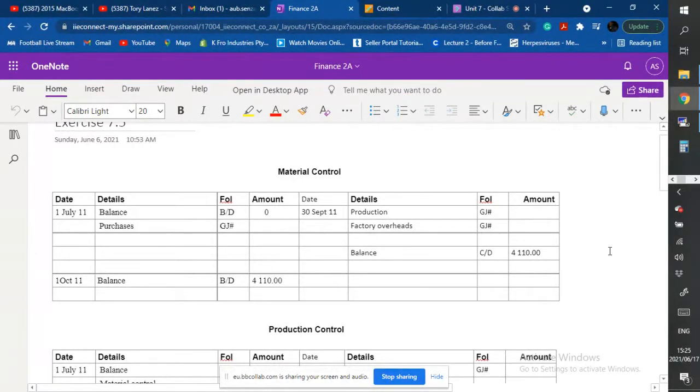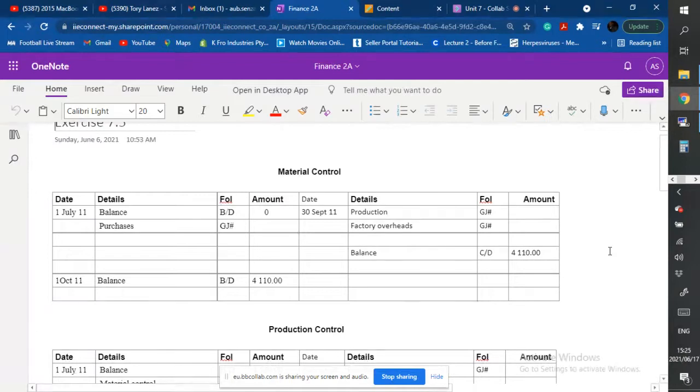Okay, so let's see what else is going on in the question. We see Goodwood Company has provided the following information for the third quarter of 2011, 1 July to 30 September 2011. Work in progress balances on 1 July. Remember I said work in progress is the same as your production account.